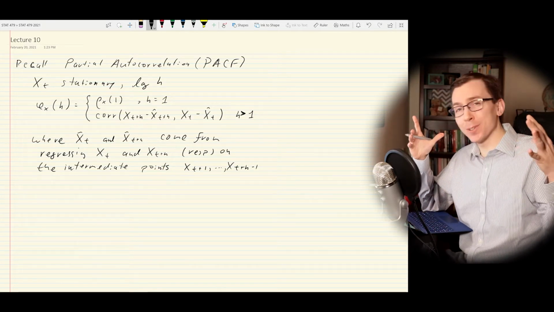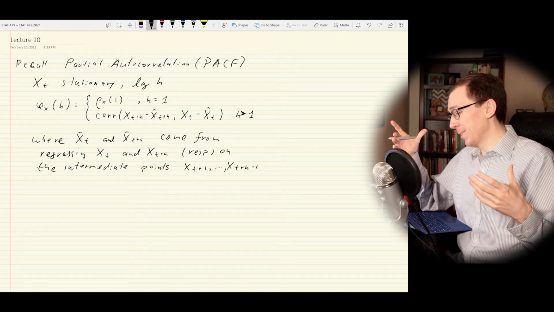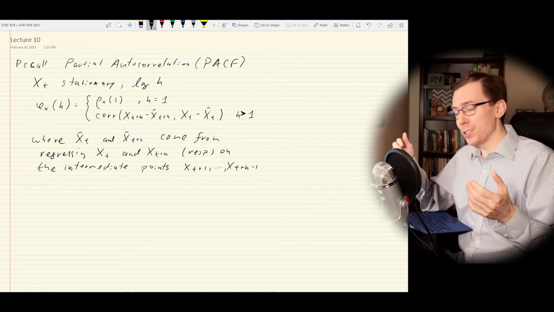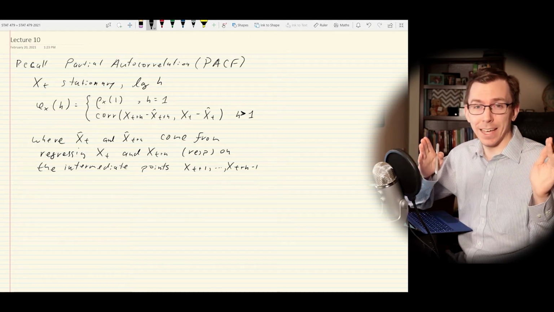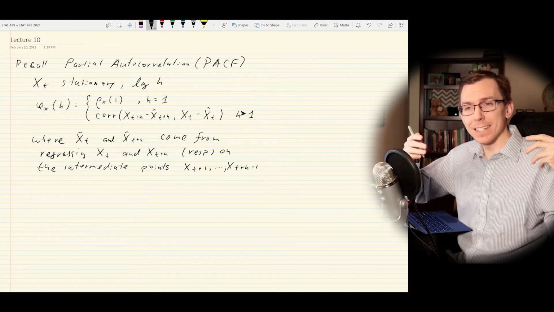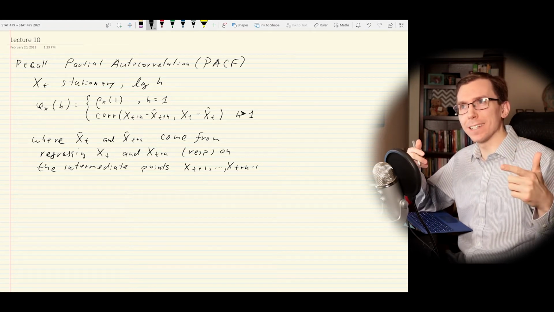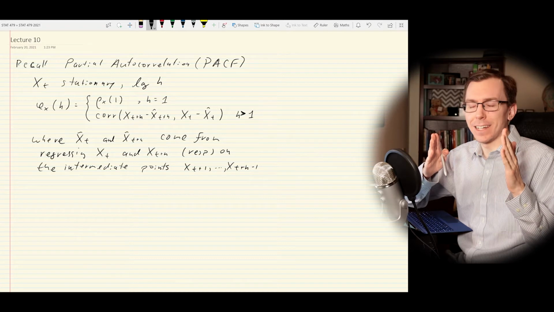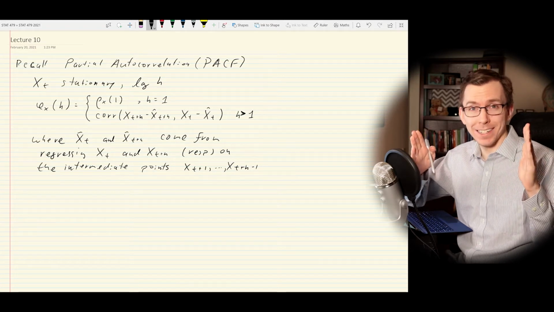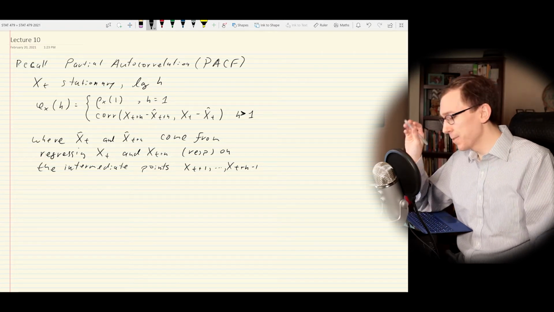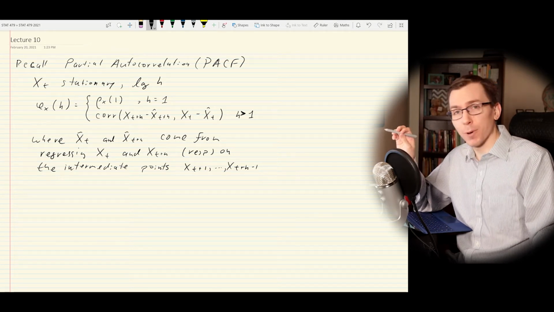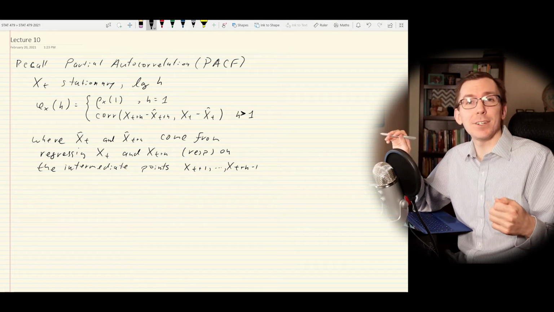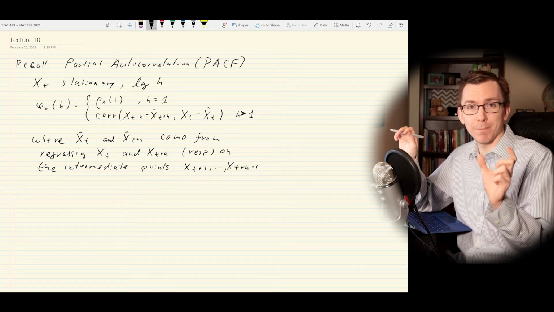Again, what we're doing here is trying to understand the relationship between X_{t+h} and X_t. That is, we're looking at how the series is correlated with itself h time points apart, at a lag of h. But when we're looking at partial autocorrelation, we take into account all of those intermediate points.